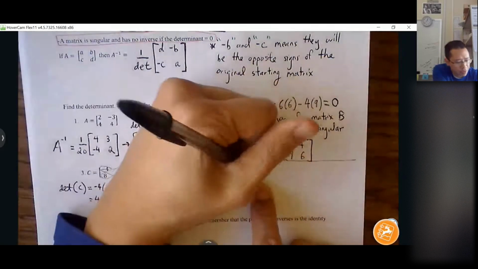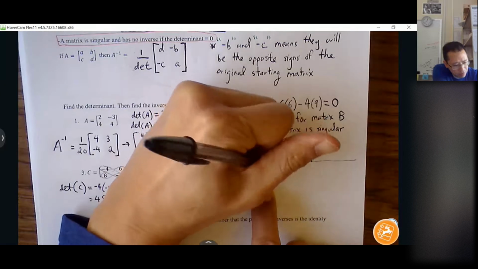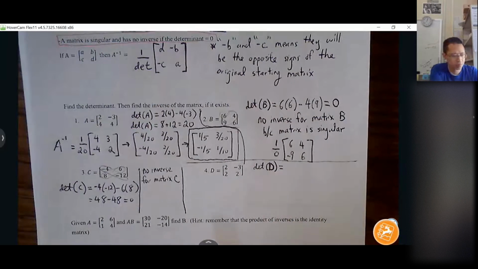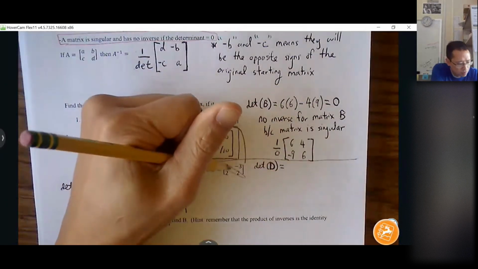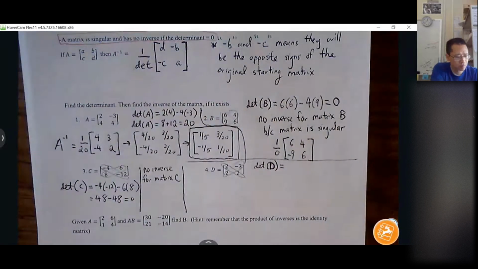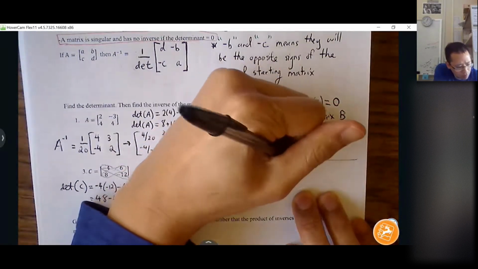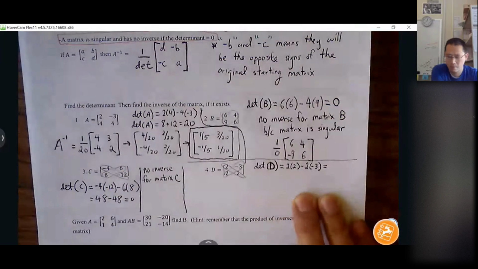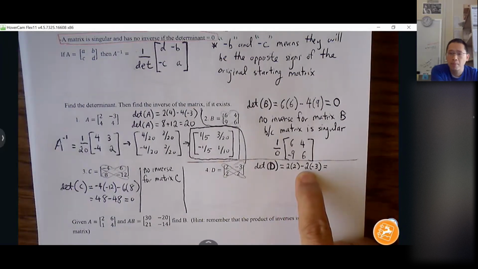Okay, start off with our determinant. Four minus a negative 6, so that's 4 plus 6.